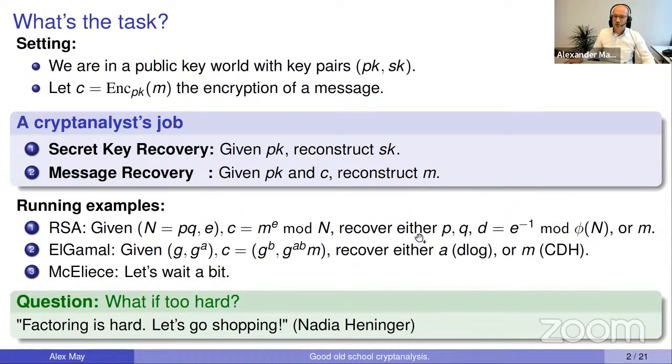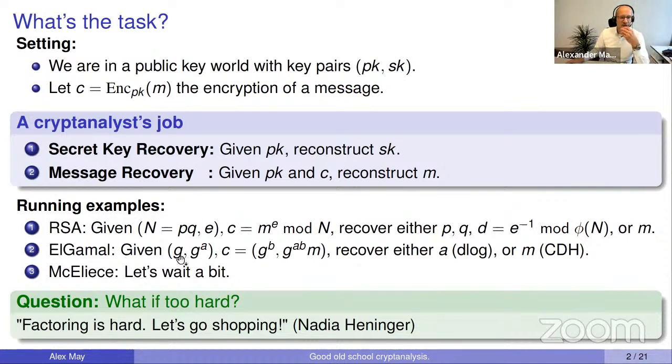Your task is to either recover the secret key, and you already see there's some redundancy in the secret key. You can either recover P or Q, or this exponent D, which is the inverse of E modulo phi of N, or the message M. Then I will also talk a little bit, not too much, about El-Gamal. Here we are in the discrete log setting.